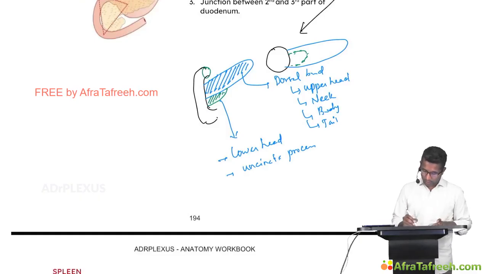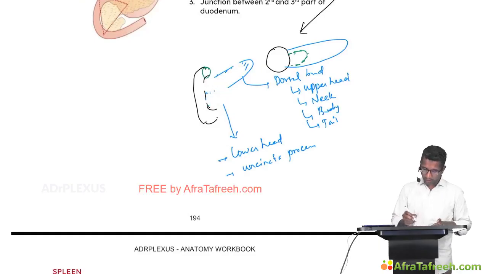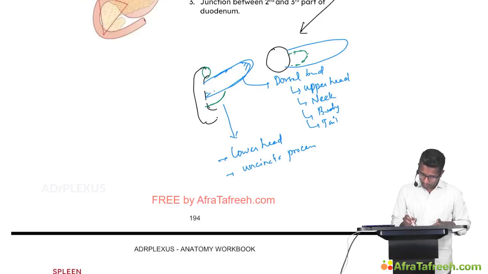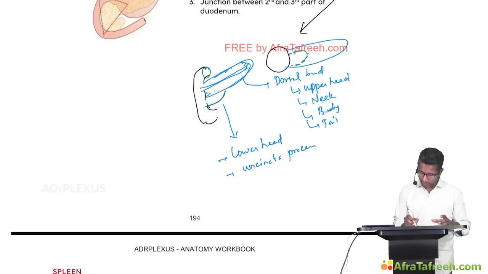This dorsal bud and this ventral bud have their own duct system. Initially, the main pancreatic duct opened into the minor duodenal papilla like this, and the accessory pancreatic duct was opening into the major duodenal papilla like this.